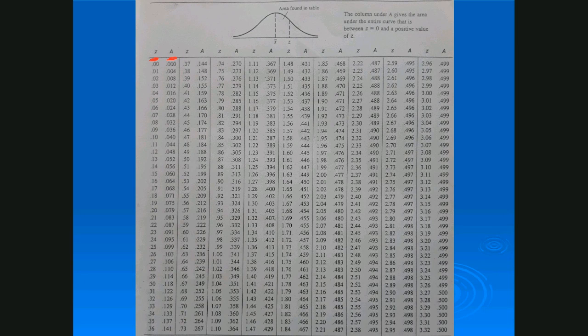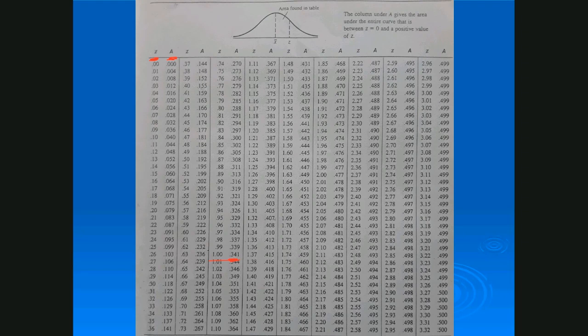Now the z-score is the number of standard deviations away from the mean. So if we have a z-score of 1, we look down our column under z, you see we see 0.341. We have 34.1% of our data approximately.